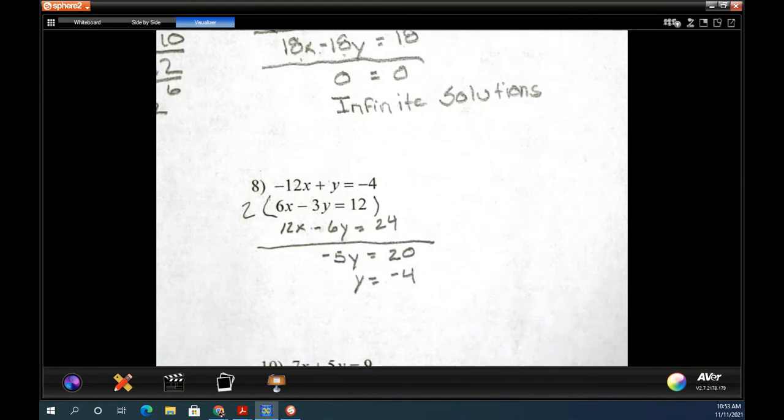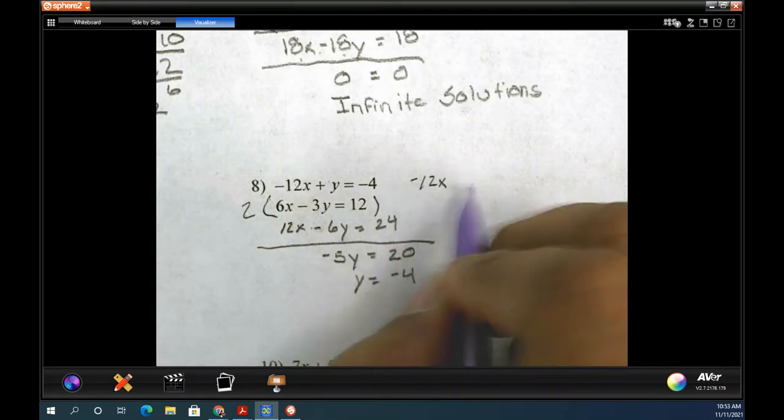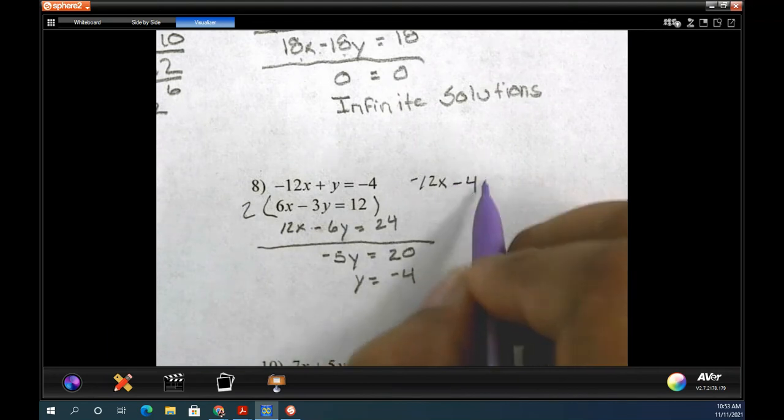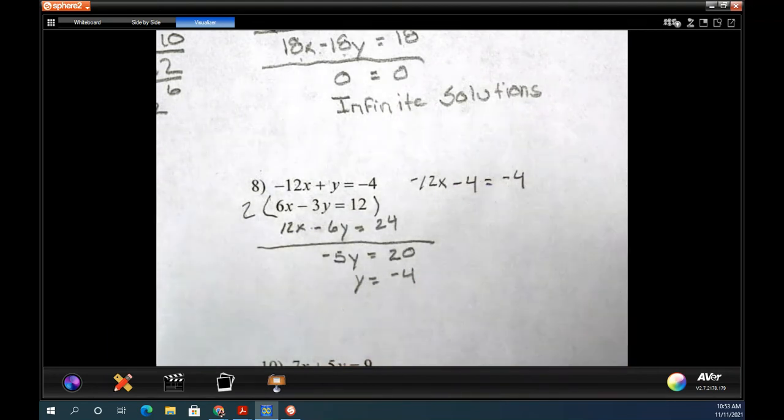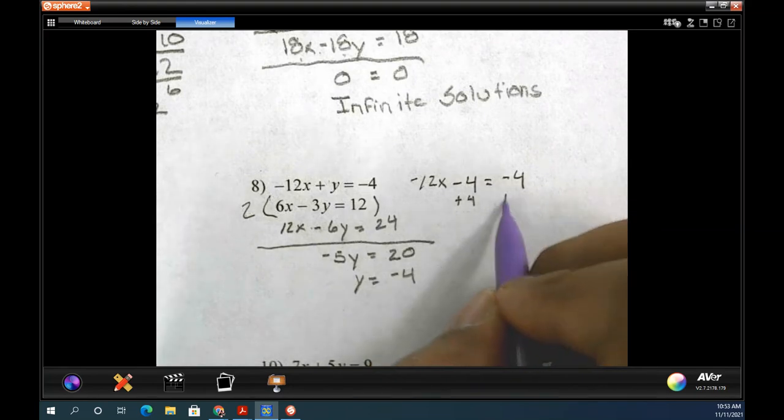Which one did y'all put it back into? I think the top one would be easier, because it becomes negative 12x minus 4 is equal to negative 4. So you add 4 to both sides.